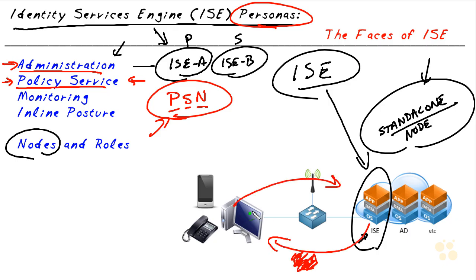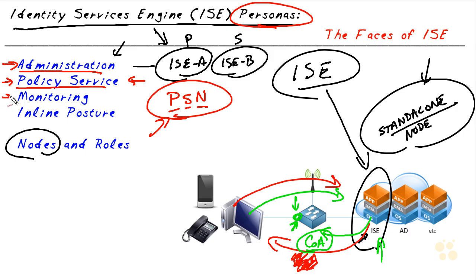So in our environment, if we had a user who authenticated using 802.1x, and based on the authorization policy, we're going to change the parameters on that port, the ISE server, when it sends a CoA, the change of authorization message, over to the switch regarding that port, that would be an example of a service provided by the policy service node, in this case, this ISE server, that's providing that policy service function.